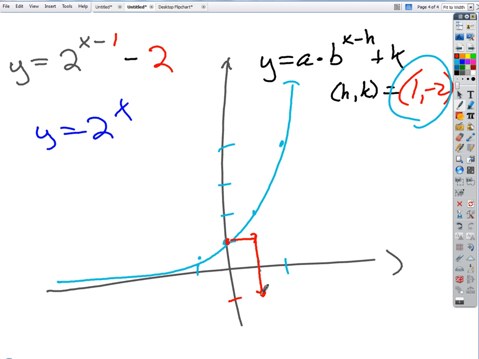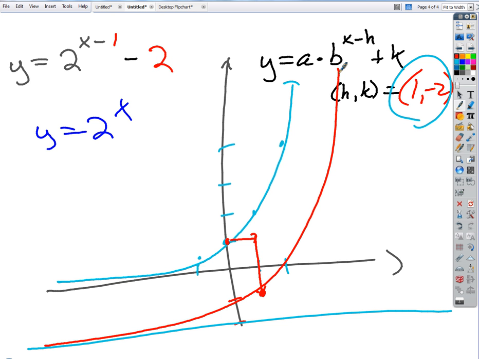The asymptote now, instead of being the x-axis, what's our asymptote? What does this minus 2 for k do? It brings the whole thing down by 2, and so now our asymptote looks like this, right? It's the line y equals negative 2. Okay, and so our graph now looks like this.